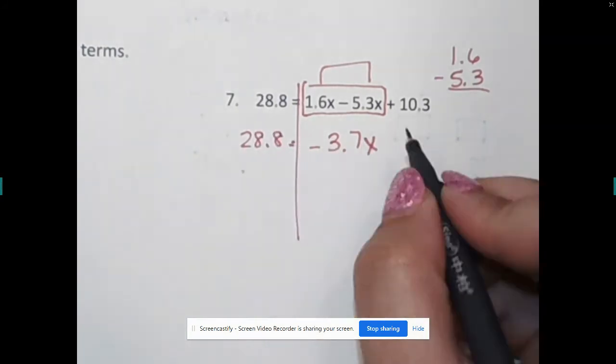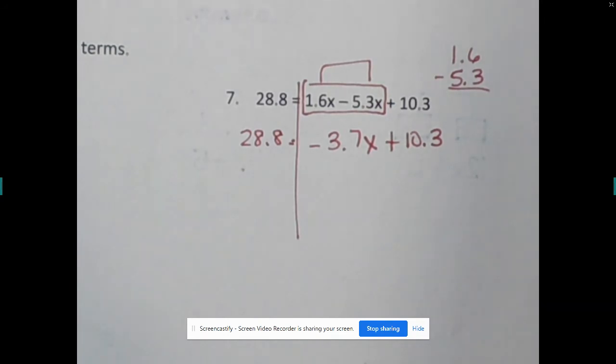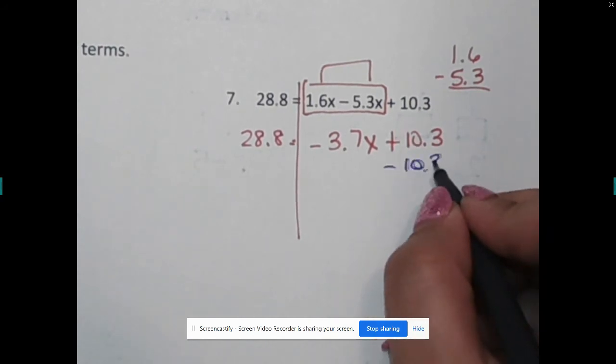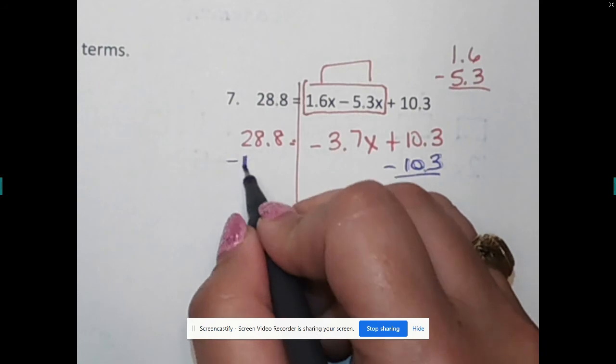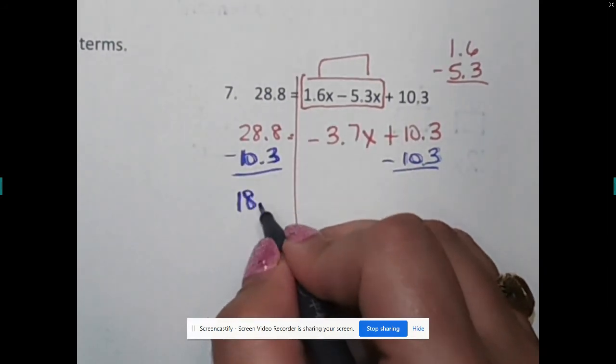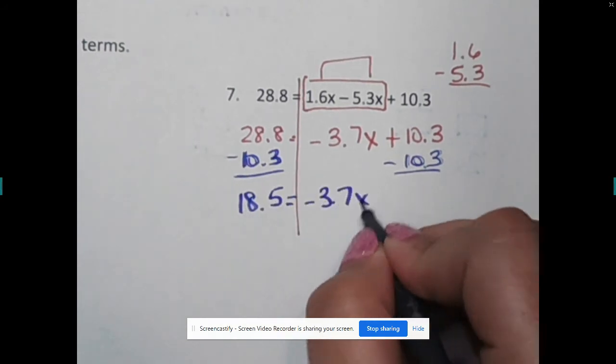2.8 plus 10.3. Okay. Now it's just regular old algebra. What do? What's your plain number? 10.3. How do you get rid of it? Minus 10.3. That's 18.5 equals negative 3.7x.